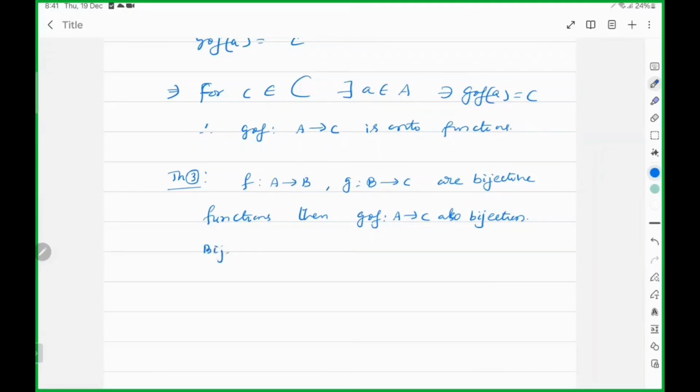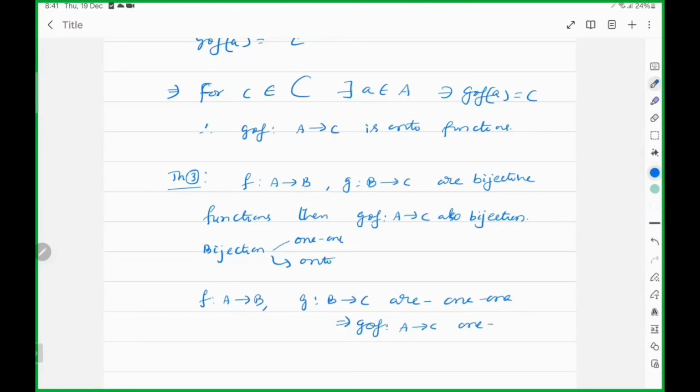First of all, bijection means both 1-1 and onto. Whenever theorem 1 is asked, first assume that f mapping from A to B and g mapping from B to C are 1-1, so g circle f mapping from A to C is 1-1. So theorem 1's proof you have to give here.